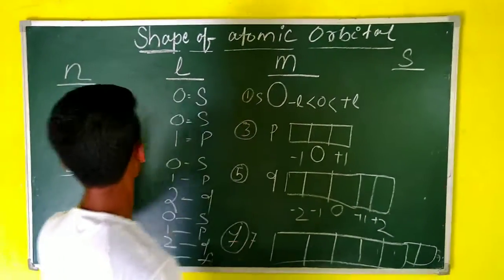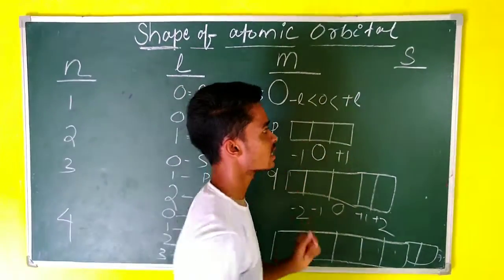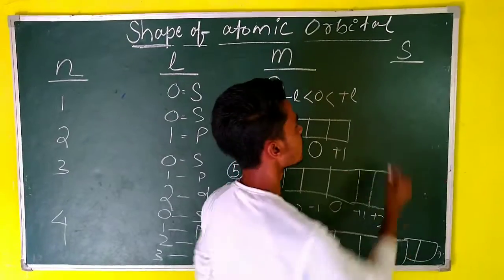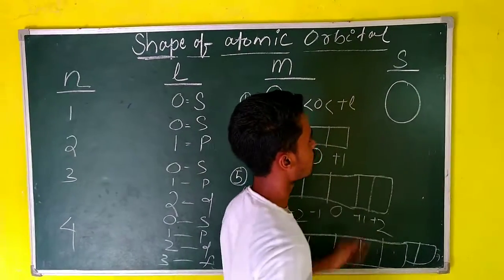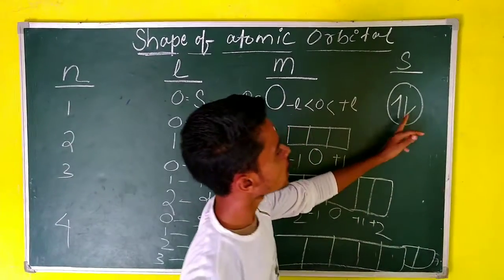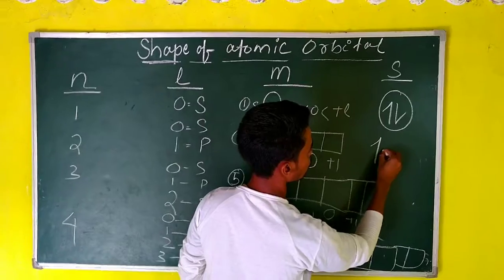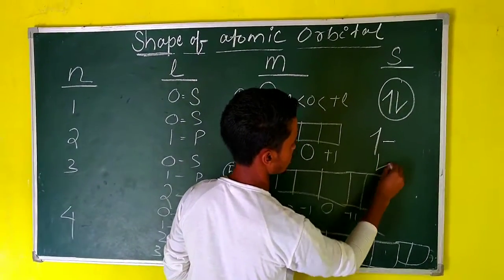Then students, these are the principal, azimuthal, magnetic, then spin quantum number. Spin quantum number: an orbital contains a maximum of 2 electrons, and those 2 electrons are present with opposite spin. This is clockwise spin, this is anti-clockwise spin.